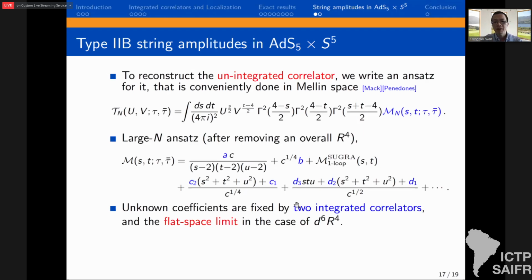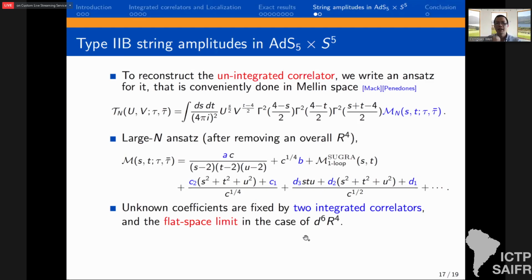At this moment, to fix D6 R to the 4 on AdS5 cross S5, since we have 3 unfixed coefficients, we need 3 conditions. At this moment, we use the flat space limit, namely, by knowing the fact that if I take a flat space limit of the Mellin amplitude, I should reproduce the 10-dimensional superstring amplitudes.